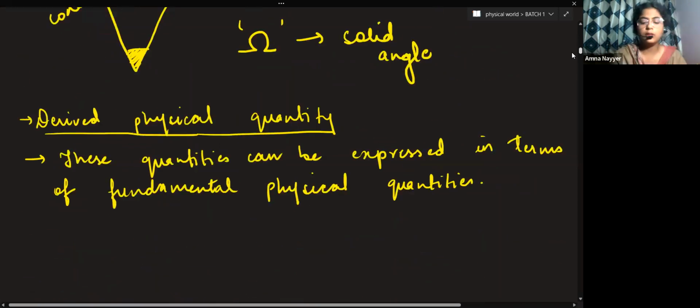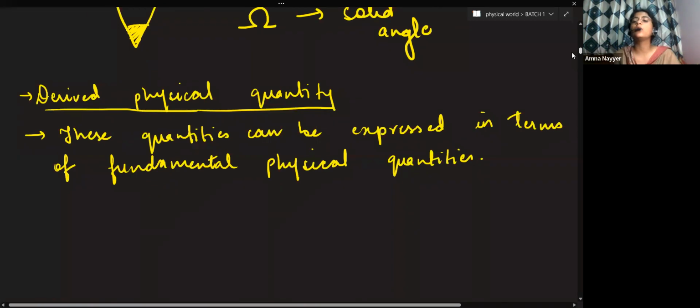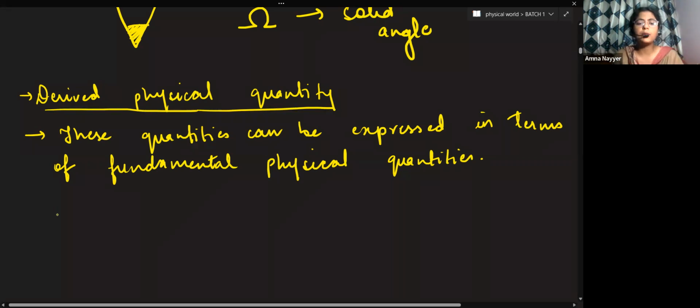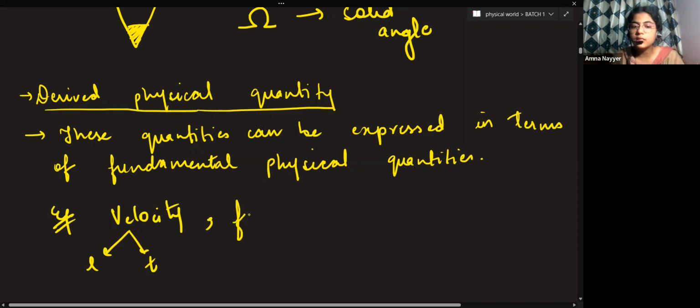But right now, derived quantities are what? These quantities can be expressed in terms of fundamental physical quantities. For example, velocity is expressed in terms of length and time. There are other quantities like force. Force is expressed in terms of mass and acceleration.